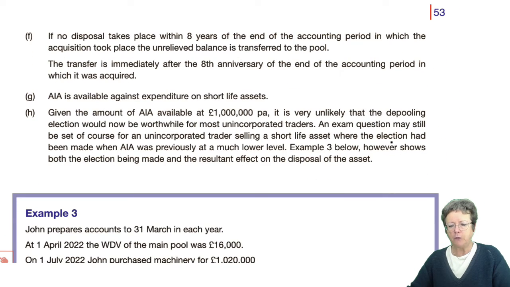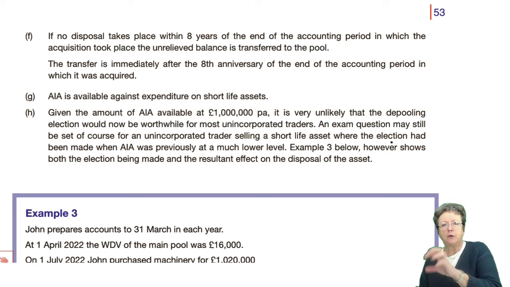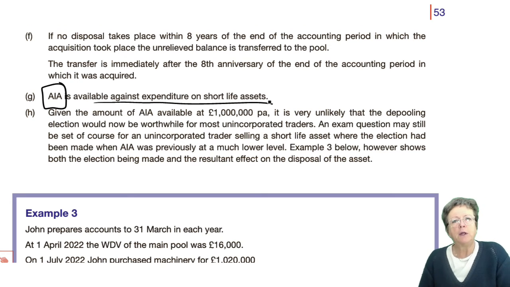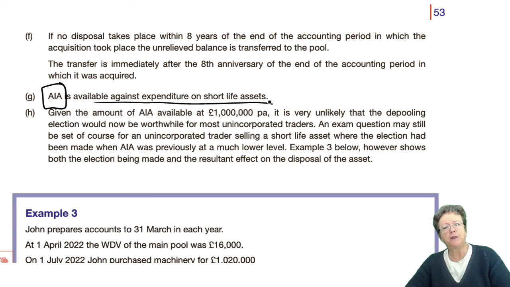If no disposal takes place within 8 years at the end of the accounting period, then whatever's left goes back into the main pool. You can have AIA on a short life asset, which in 99% of the cases will actually write it off, so you wouldn't need a column.